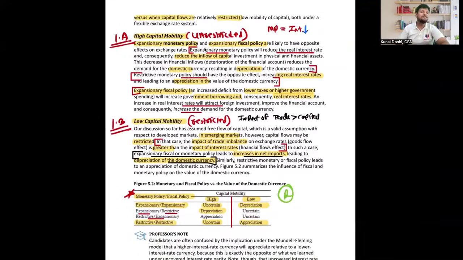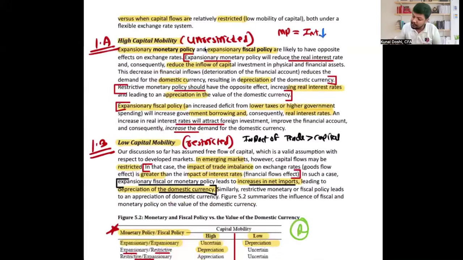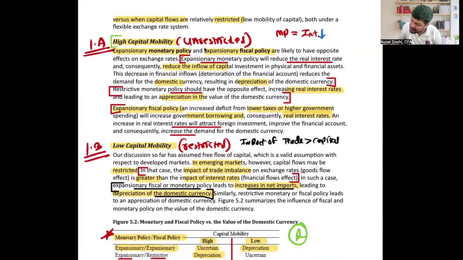Under the floating or flexible exchange rate regime, there are two aspects that you need to consider. Whether the capital is mobile or not, and monetary and fiscal policy. High capital mobility means capital can move freely, unrestricted.